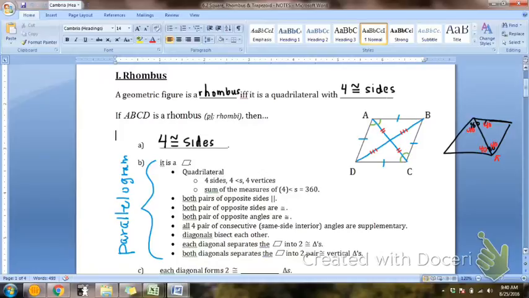Okay? So it's also going to be true about angle B and angle D. This angle right here is congruent to this one on this side, and they're congruent to the ones that are across from them also.